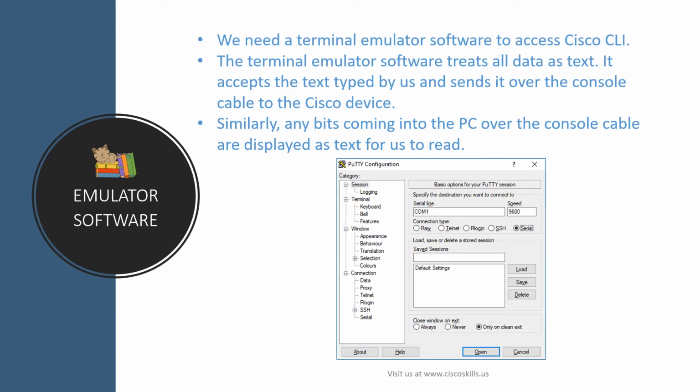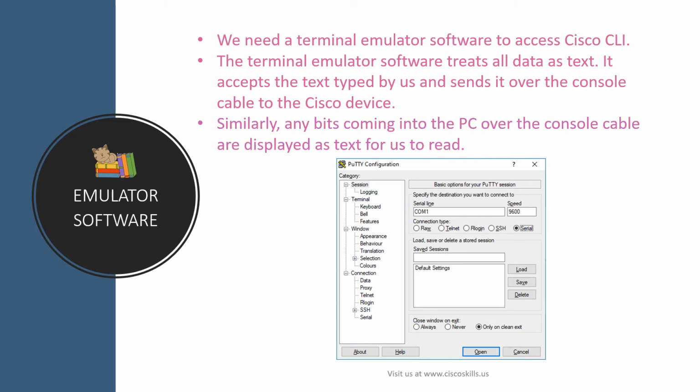After the PC is physically connected to the console port via the console cable, we need a terminal emulator software to access Cisco CLI. The terminal emulator software treats all data as text. It accepts the text typed by us and sends it over the console cable to the Cisco device.